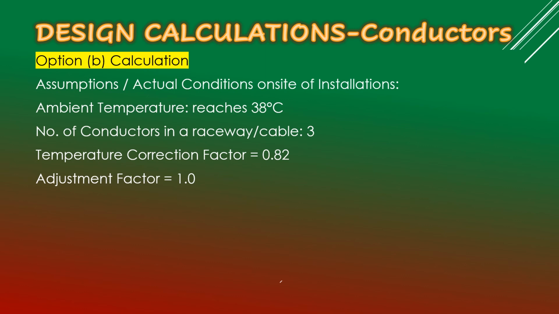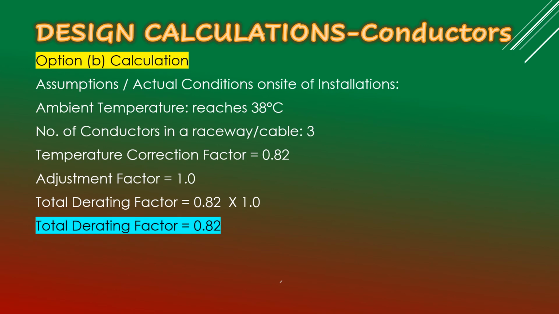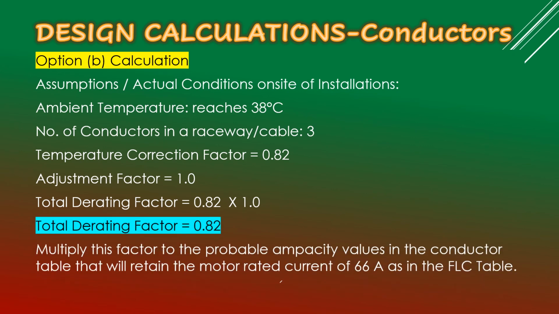Why? Because the conductors are not more than 3. So the factor is 1.0. Now let us calculate the total derating factor. So 0.82 times 1.0 is equal to 0.82.